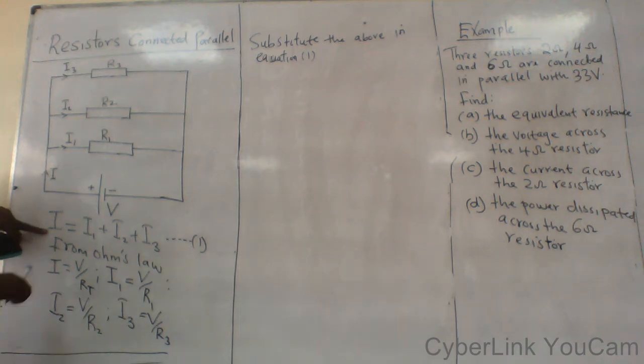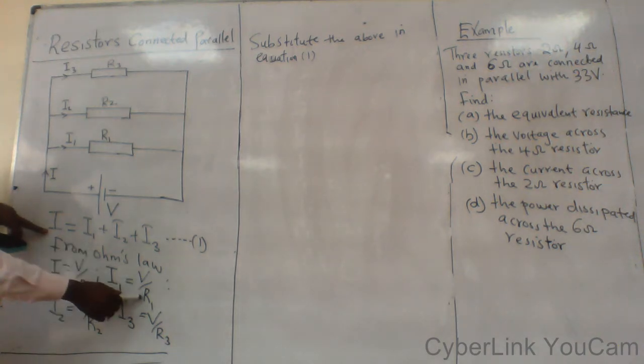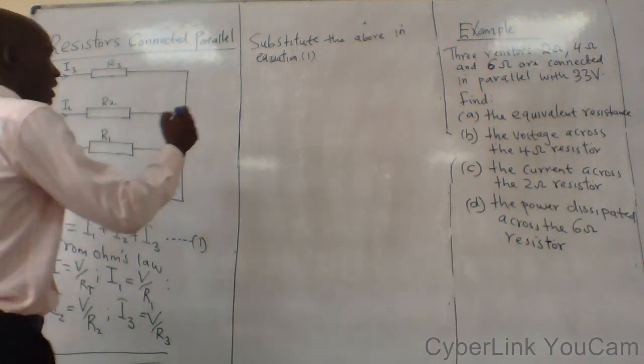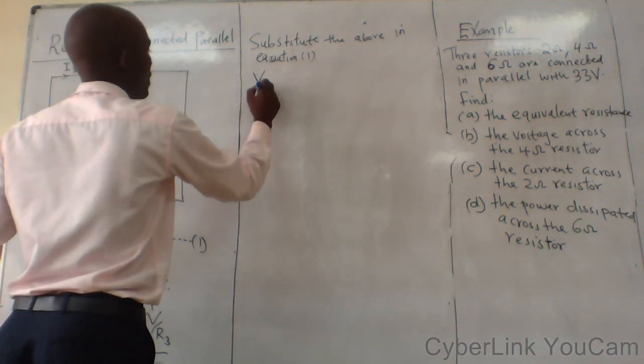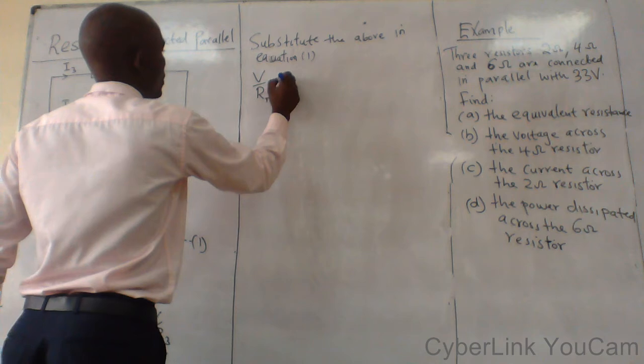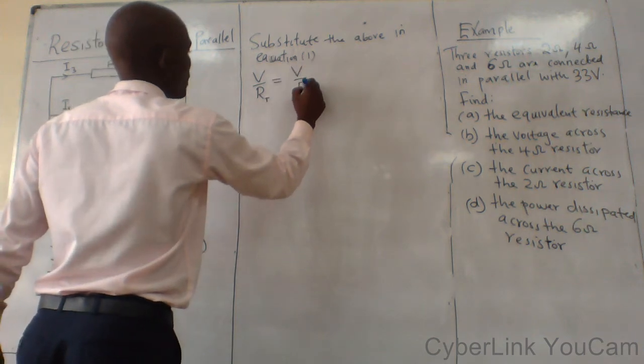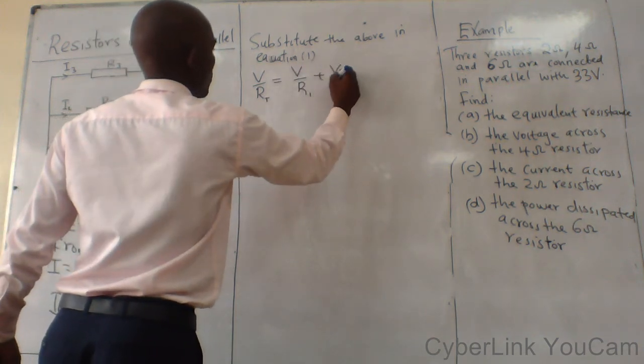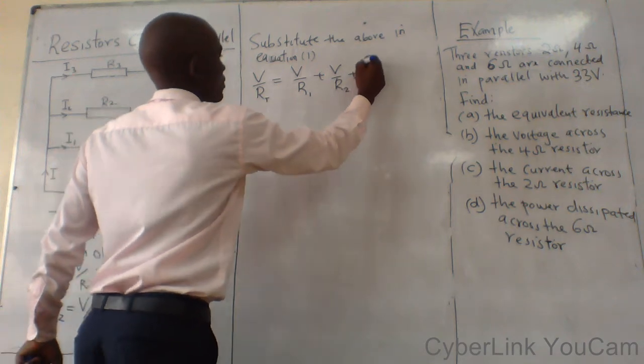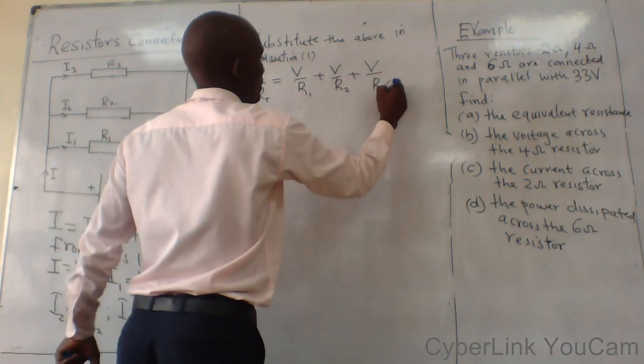Instead of writing I, we write this, and instead of writing I1, we write this. So you will have V over R total will be equal to V over R1 plus V over R2 plus V over R3.